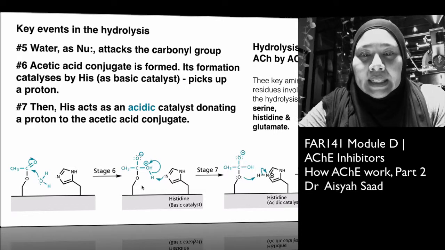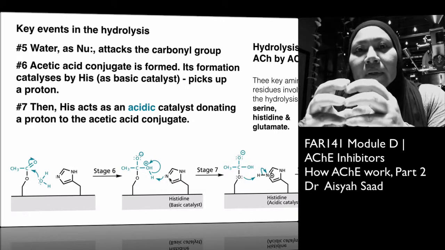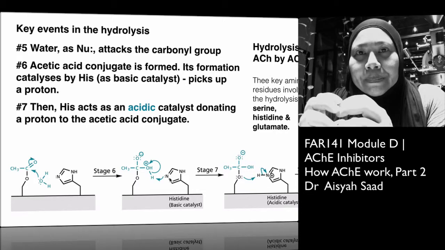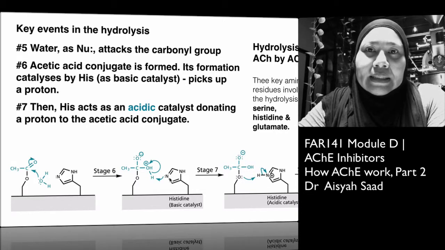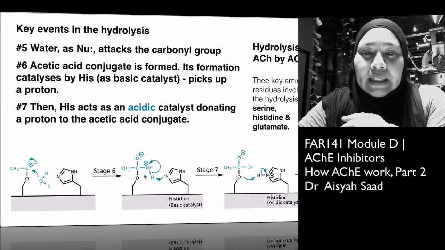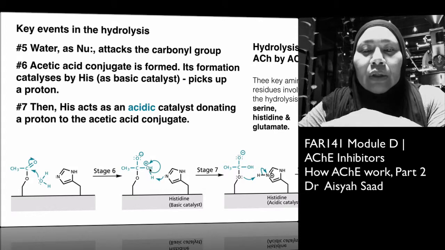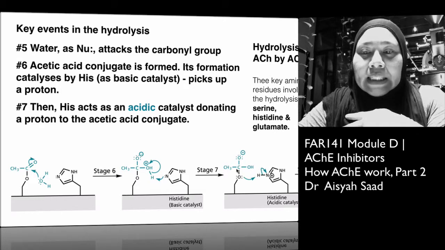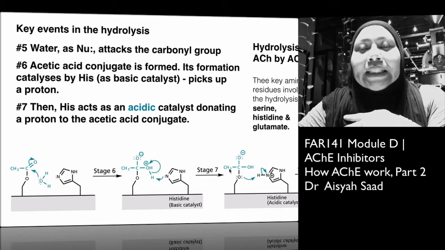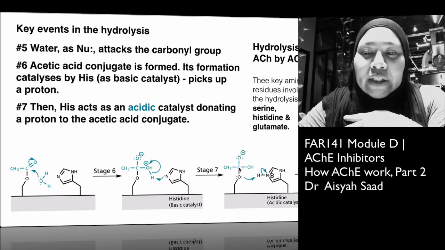And then here, the histidine amino acid will act as a basic catalyst, abstracting the proton away, and now the positive charge can be neutralized again to form, in this case, an acetic acid intermediate, an acetate intermediate, still conjugated to a serine here.